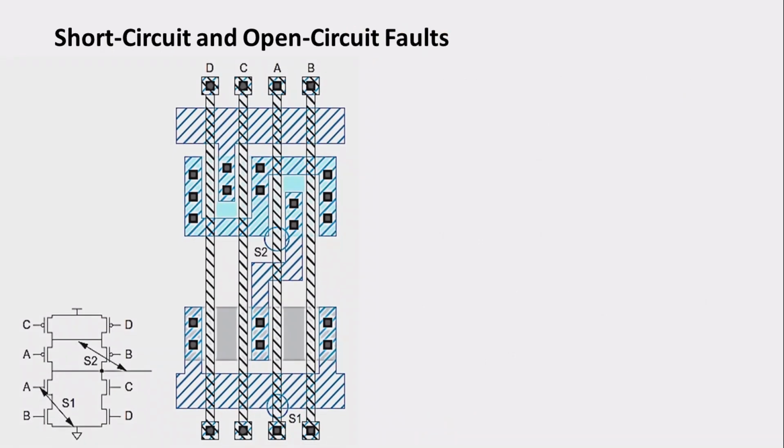Now one more is short circuit and open circuit fault. Here you can observe this is an input, and this particular point is our output metal, and this is my polysilicon, which is nothing but my input A. Most of the layouts are done using lambda based rules.